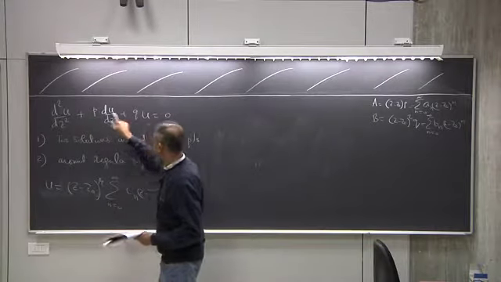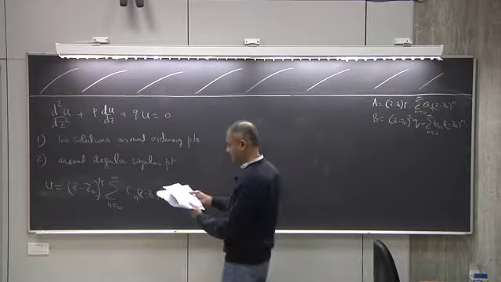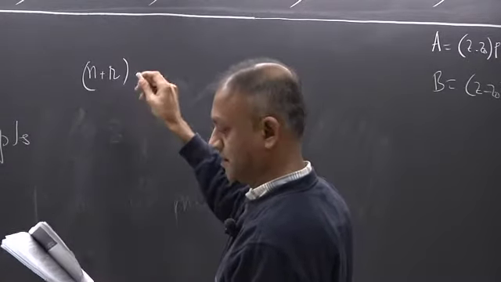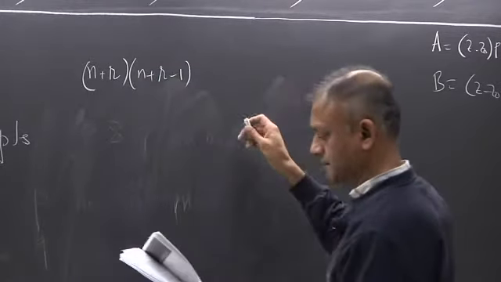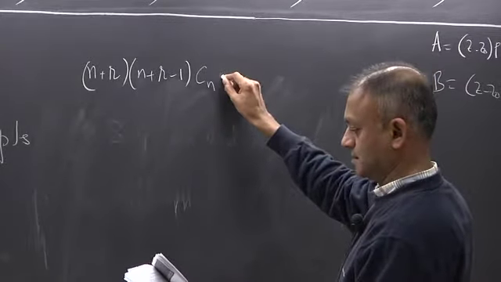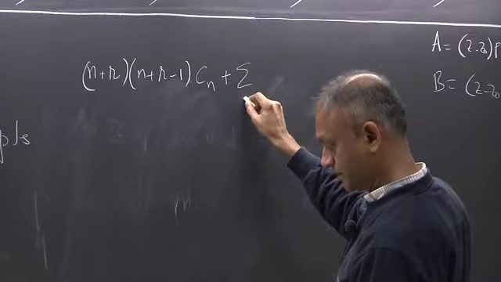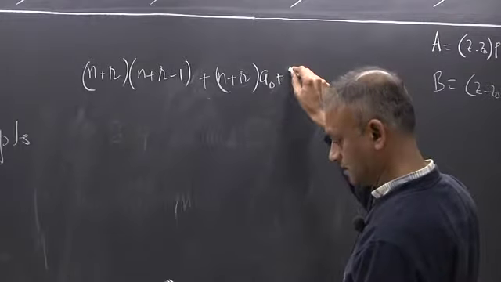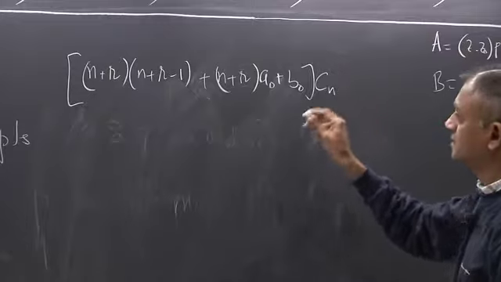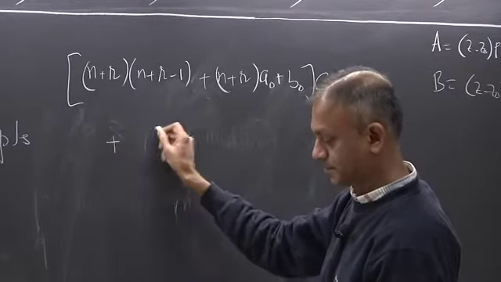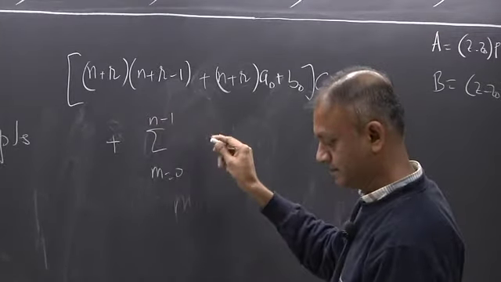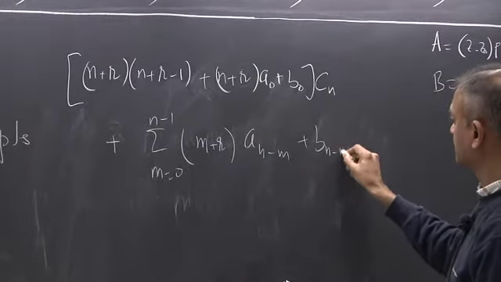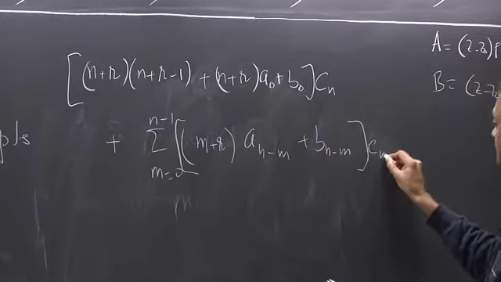By plugging it in here, using the P and Q from these expressions, we find that the main equation was: (n plus r)(n plus r minus 1) Cn plus (n plus r) A0 plus B0, this whole thing multiplying Cn, plus the sum from m equal to 0 to n minus 1 of ((m plus r) A(n minus m) plus B(n minus m)) times Cm, equal to 0.